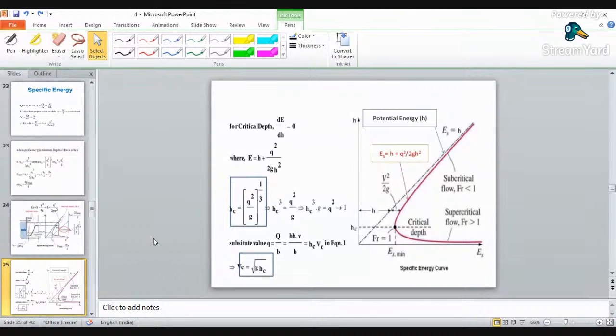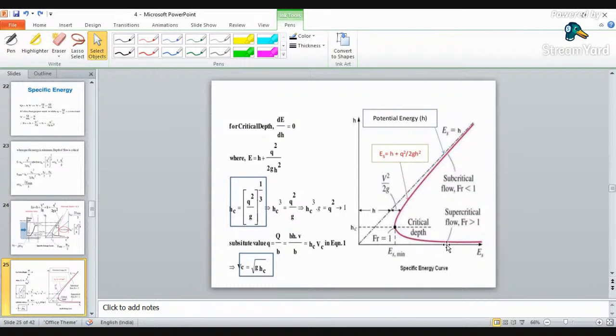Now see, when you have a specific energy of a particular quantity, you will get two depths for that. If supposing you have your energy over here, you will have an H1 value and an H2 value. So these two values for a particular specific energy will be termed as your alternate depths.